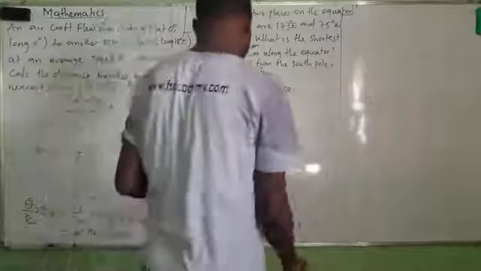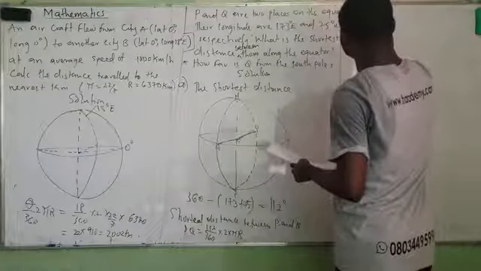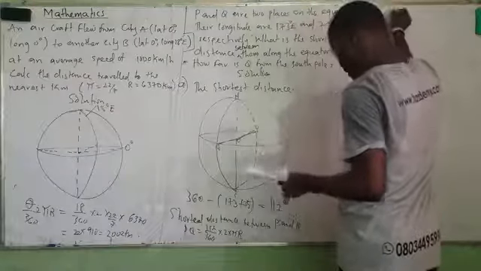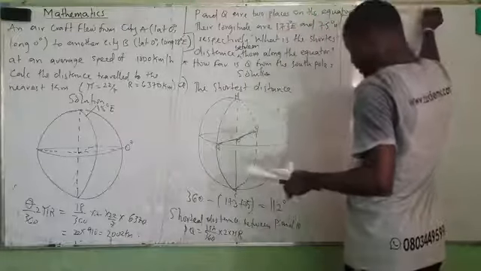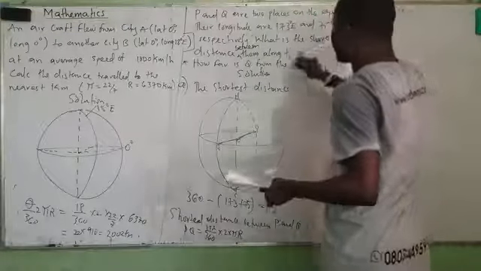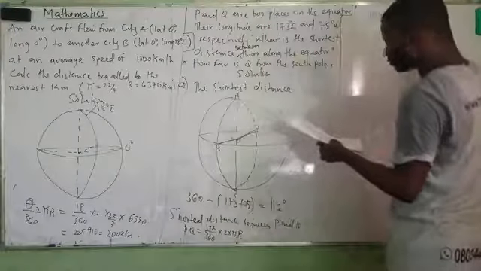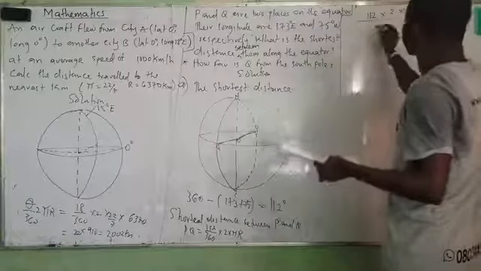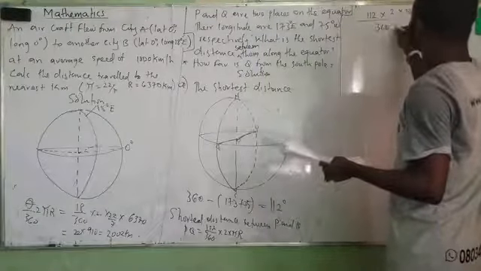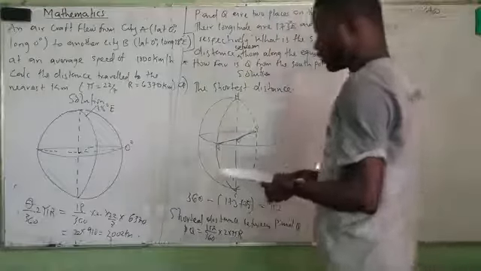This will give me 112 multiplied by 22 multiplied by R, if R is given. If R is not given, we use 6,400, divided by 360 multiplied by 7.